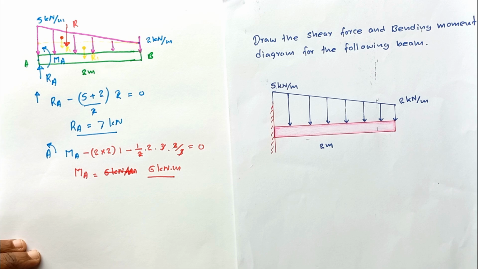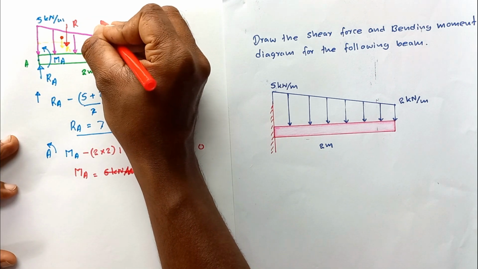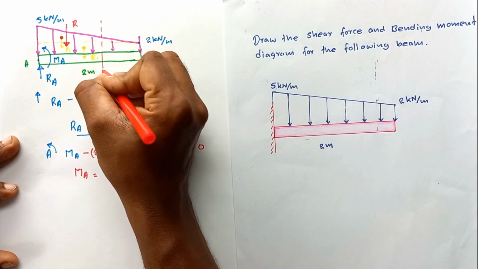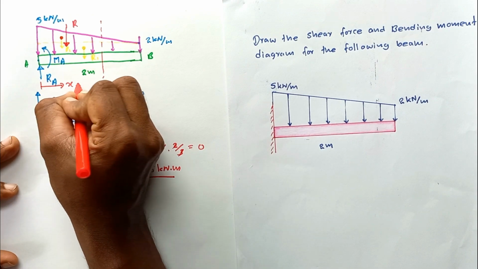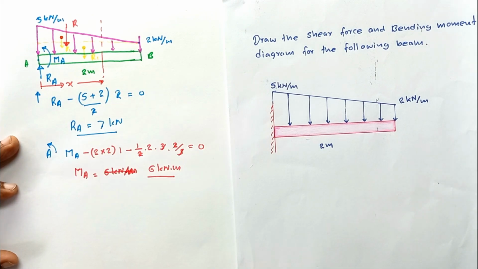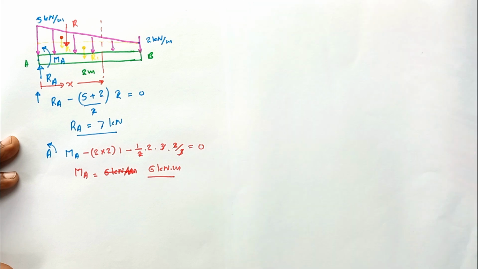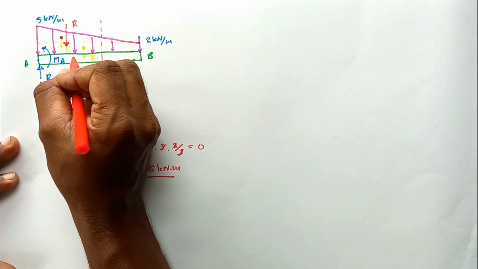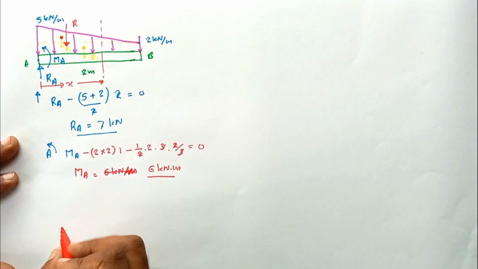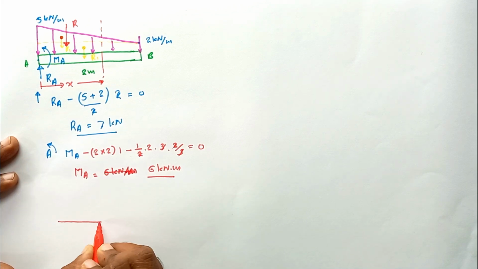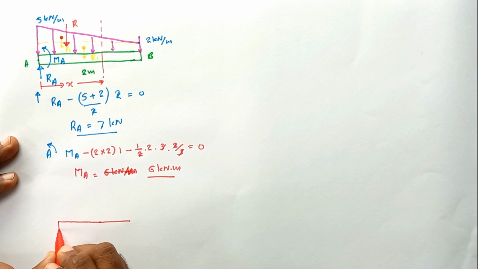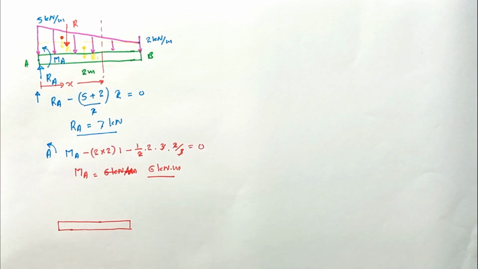I'm going to section the beam somewhere at a position at a distance x from A. Let's take this distance as x. Okay. So then I'm going to draw the free body diagram for this separated beam part. Here is the beam part.